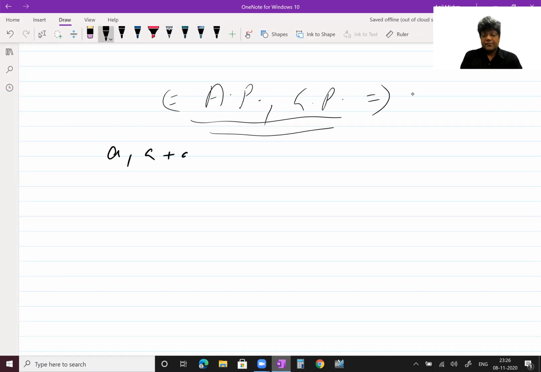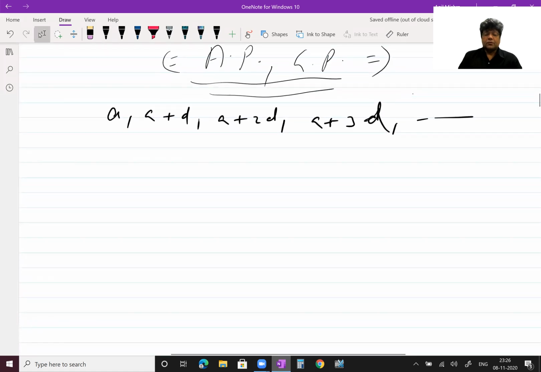a, a plus d, a plus 2d, a plus 3d, dot dot dot. So a is the first term, d is the common difference, all those things you know. Here the nth term is calculated by the formula a plus n minus 1 into d.